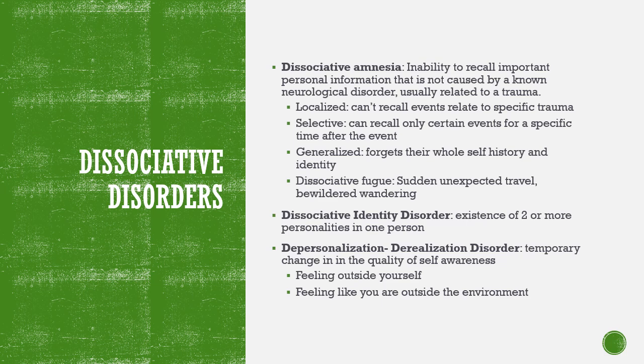Dissociative amnesia occurs when the person experiences a traumatic event and then is unable to recall important personal information. This can be localized amnesia, where they can't recall events related to a specific trauma; selective amnesia, where they can only recall certain events for a specific time after the event; or generalized amnesia, where they forget their entire self-history or identity.